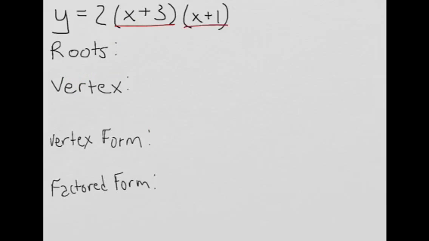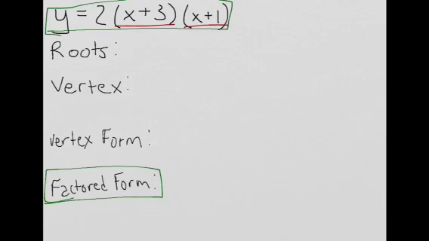So we have our factored form, which if we need to write it again would go right here. But what we're going to use it for is to find our roots and vertex and create vertex form. So we go x plus 3 equals 0.